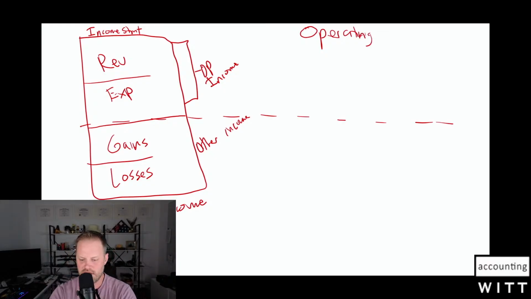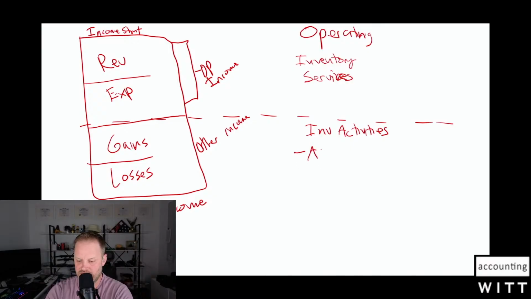So the things that create operating income are inventory, services, and then we'll call these investing activities. This is when you dispose of assets that are non-operating assets.